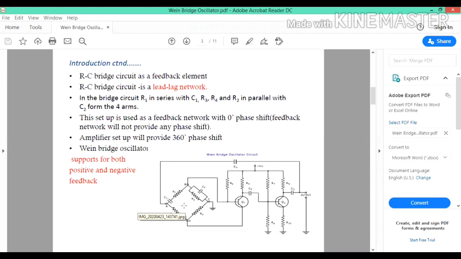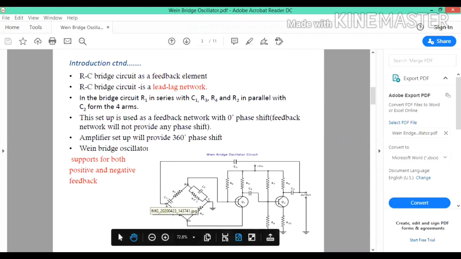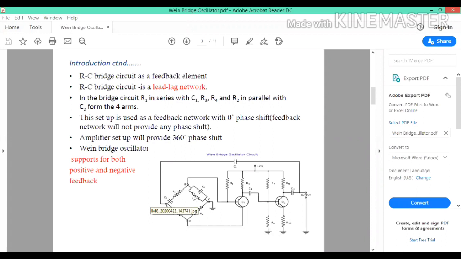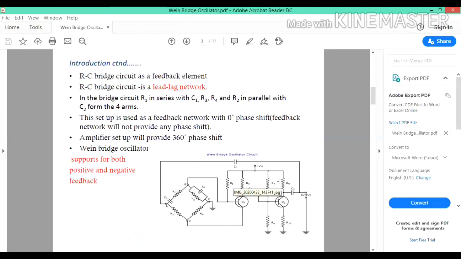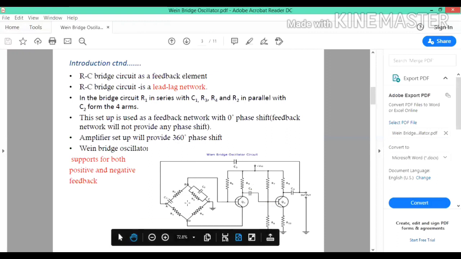This setup is used as a feedback network with 0-degree phase shift. That means in your Wein bridge oscillator, the feedback network will not provide any phase shift. The total phase shift of 360 degrees is taken care of by the transistor part alone. So the amplifier setup provides the 360-degree phase shift, and the feedback network provides only 0-degree phase shift.